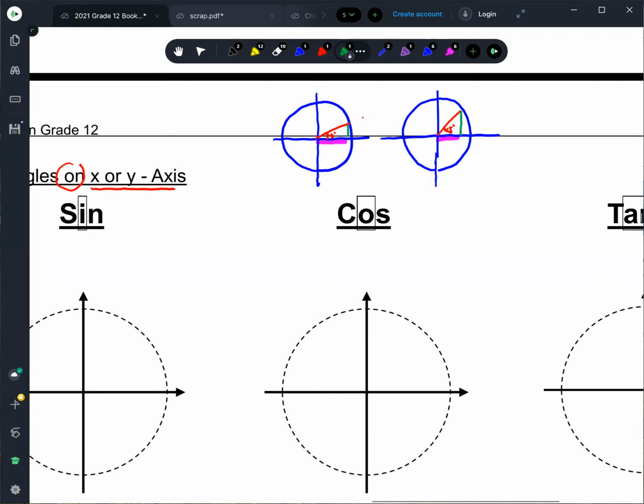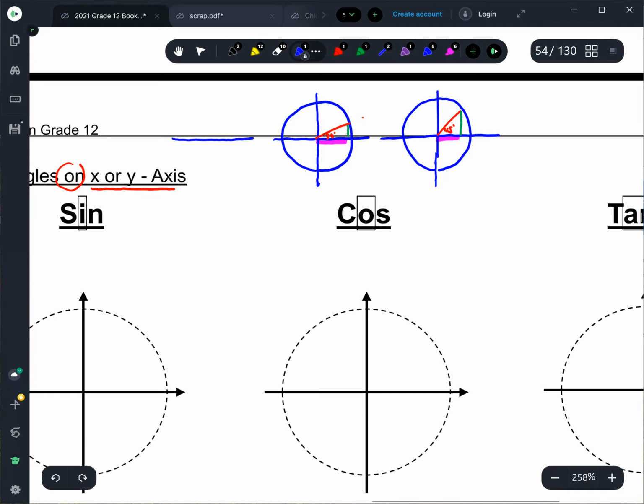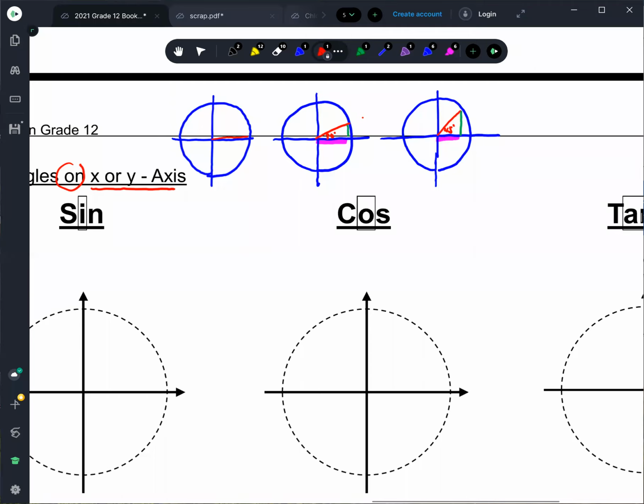All right, so now I need you to use some imagination. If the angle gets really small and goes to about 0 degrees, that means the hypotenuse will be like this, almost touching the x-axis, because the angle becomes very, very small.